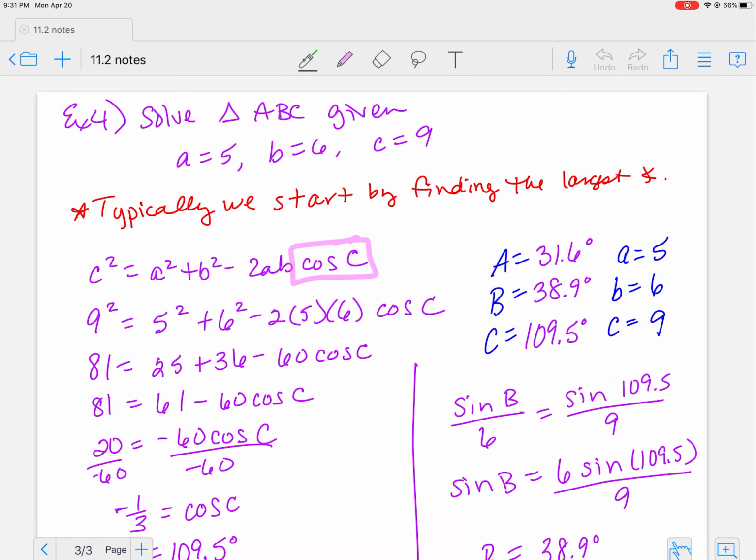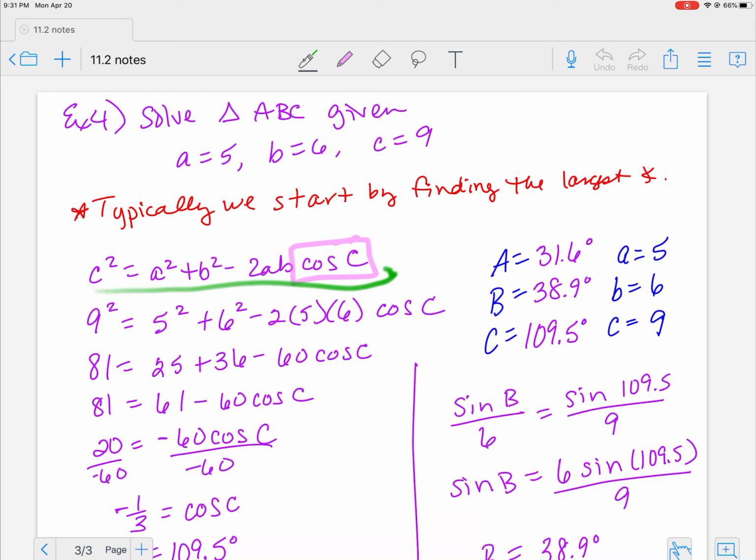Now, what I'm trying to find is the cosine, right? So if I know C here, I'm finding the cosine of C because that's my largest angle. Your book has you go through and solve first. You are more than welcome to do that.